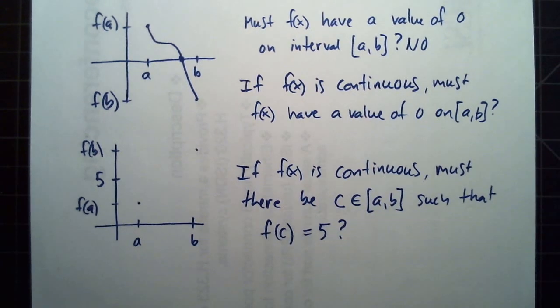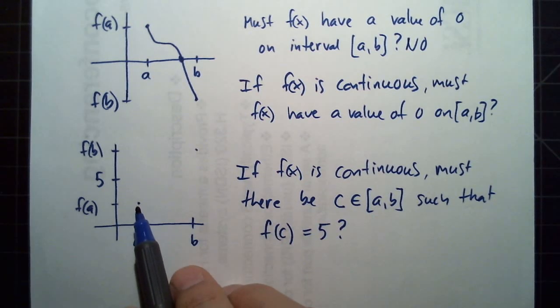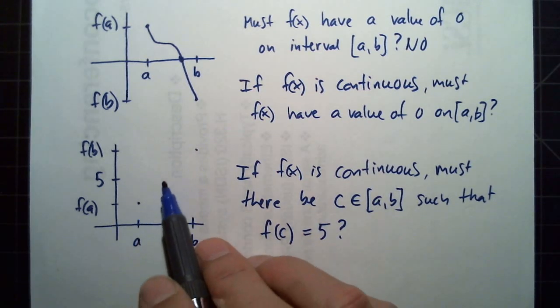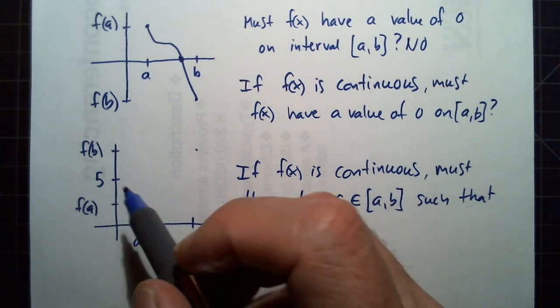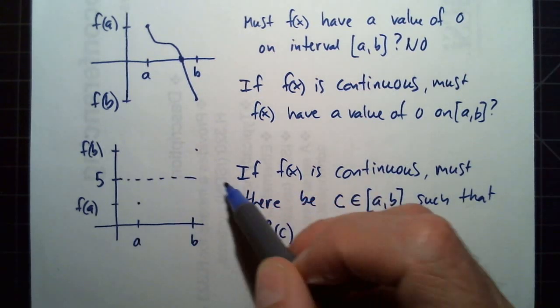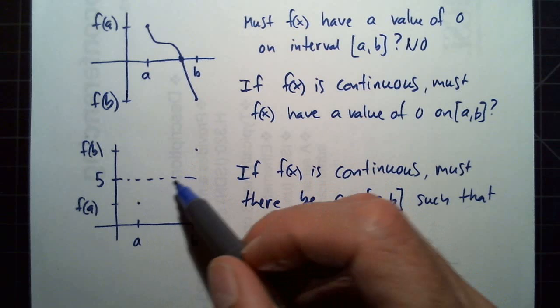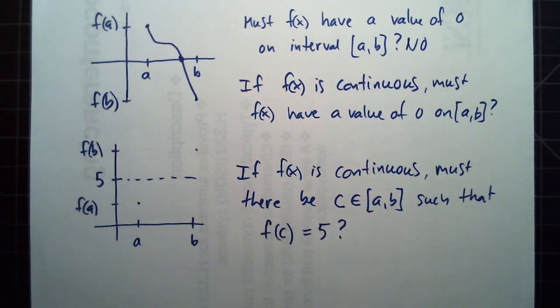and this is using a little more of the vocabulary and symbols common for this type of question. So we know we're starting at this point and ending at that point. If the graph is continuous, do we have to cross a value of 5? Yes, we do, because it's continuous.